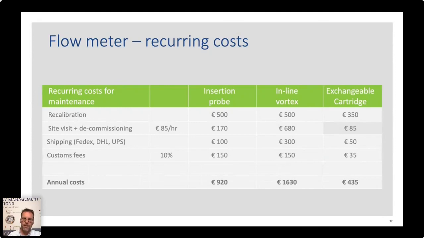We identified this issue a few years ago, and we thought, maybe there's a better way to do this. Why not make the flow meter like a printer where you could simply exchange the sensor? Because that would basically slash out one visit to the site. You only have to come there once. But also the flow meter becomes much more compact, so it saves you on shipping costs, and it's a lower value item, so it also saves you on the customs fees.